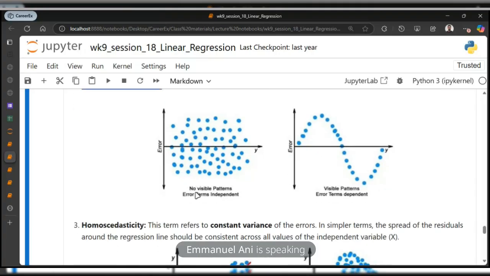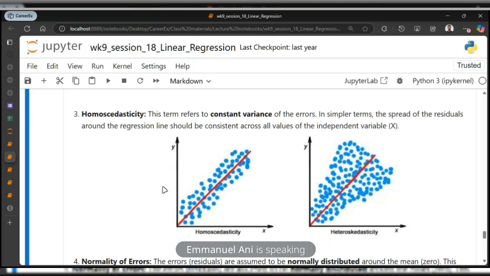So the next assumption that we're going to look at is what we call homoscedasticity. That is actually a mouthful, and I really don't like saying it. But this basically means looking at how constant the variance is.